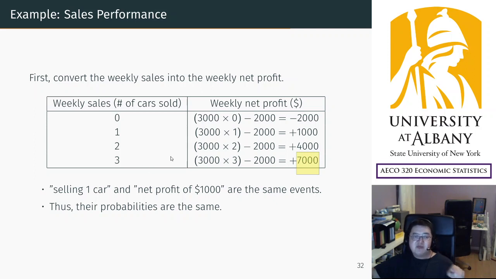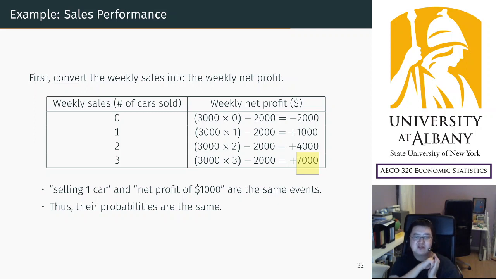So they are the same thing. 3 cars sold equals making a net profit of $7,000. So it's a one-to-one mapping. They are the same events. So this is important. First, we are defining a new random variable. We are describing the same event with different numbers. That's one point I'd like to make.